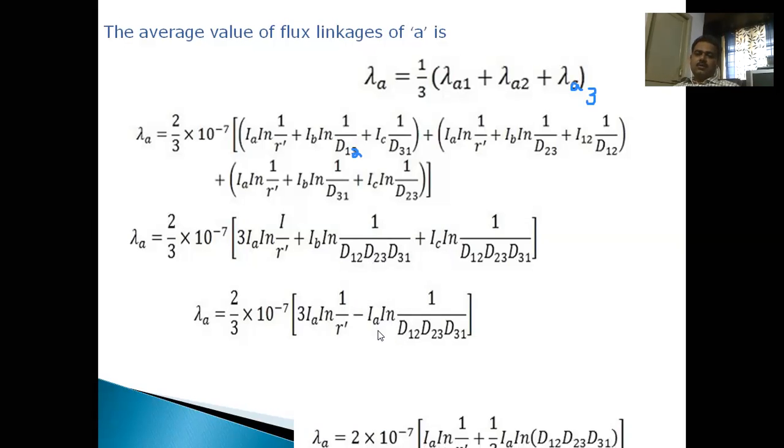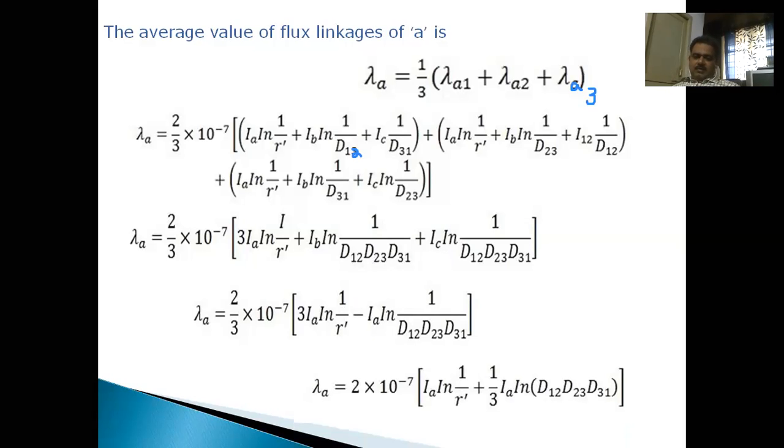Now further simplified. So taking this 3 inside, so 3 gets cancelled. This becomes 1 by 3. Now that is 1 by 3 times IA ln. So because of this negative, that can be made positive just by taking this term into numerator.